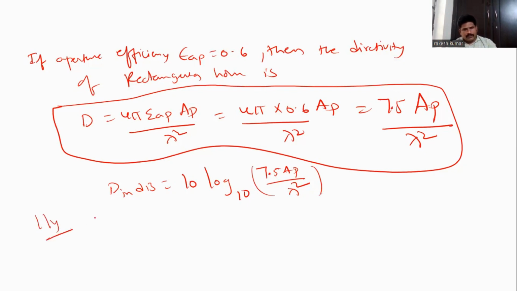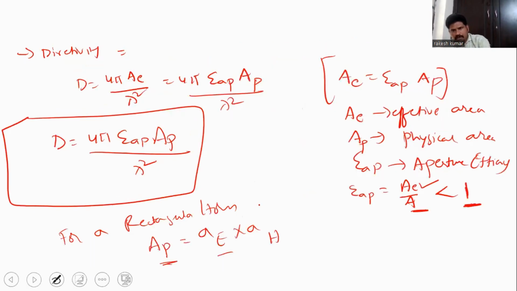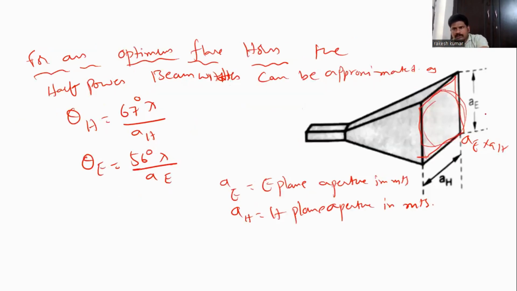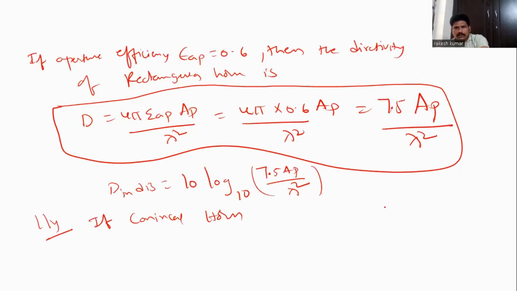Similarly, for a conical horn, what is the only difference? For a rectangular horn, the physical area is the multiplication of AE into AH. But for a conical horn, since the aperture is circular, the physical area becomes pi r square. That is the only difference.